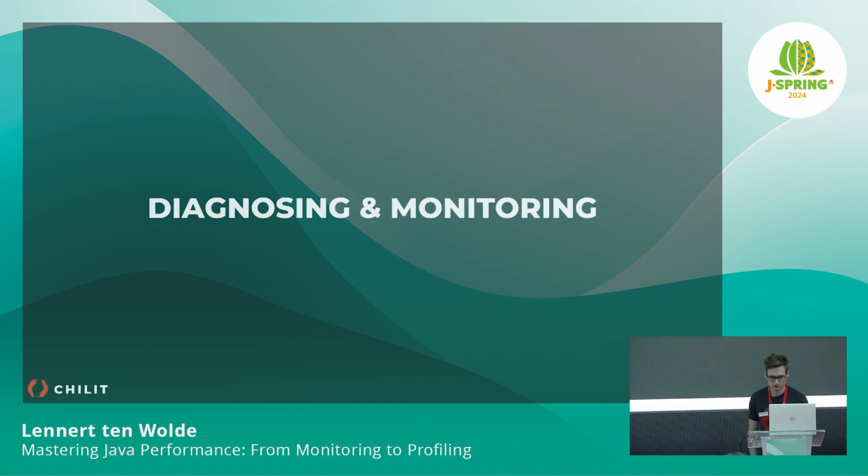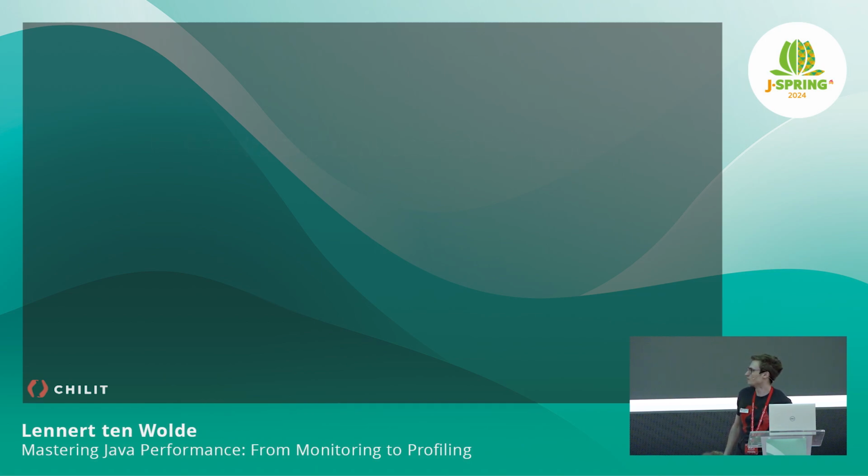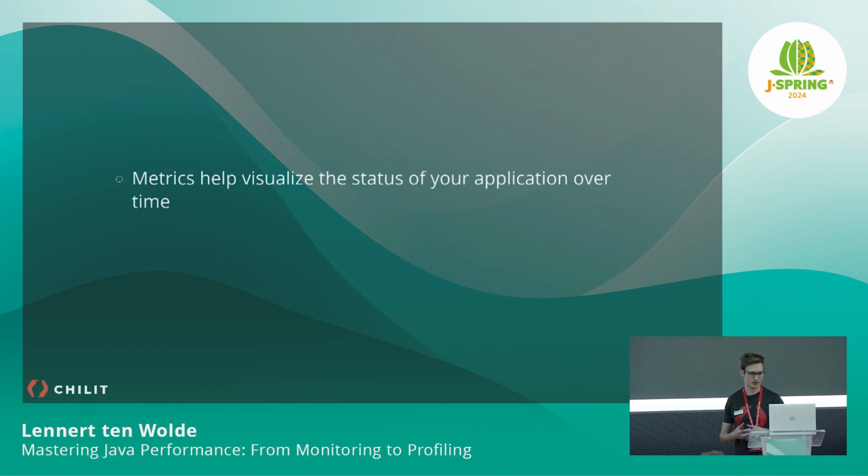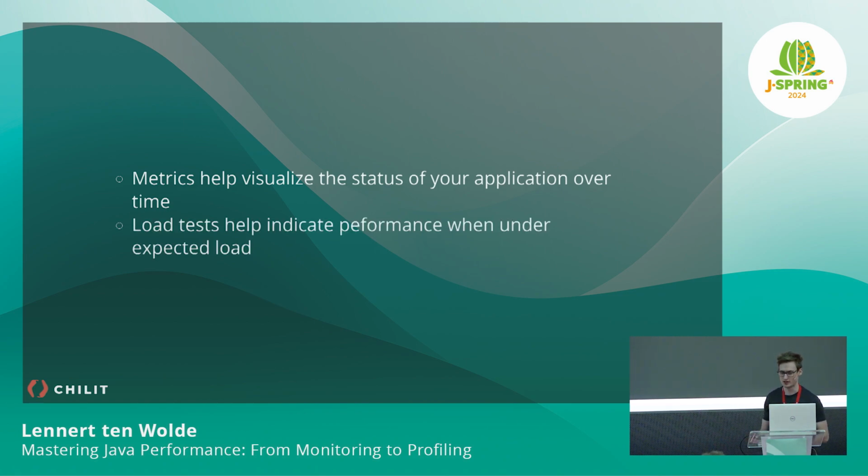So what should we do? We know what bottlenecks are. We know which ones we should focus on. But how do we do that? Well, you begin by using metrics and load tests. And these allow you to monitor your application as it's running.